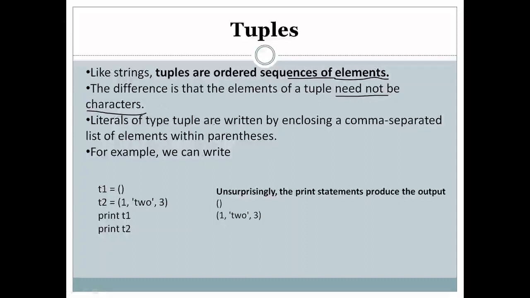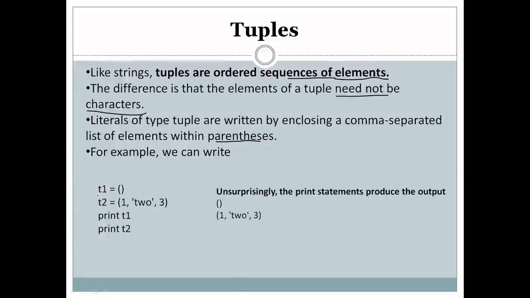Literals of type tuple are written by enclosing a comma separated list of elements within parentheses. So we put values inside a tuple by enclosing them in parentheses, and every value is separated by a comma. Let us look at some examples of how to create a tuple.